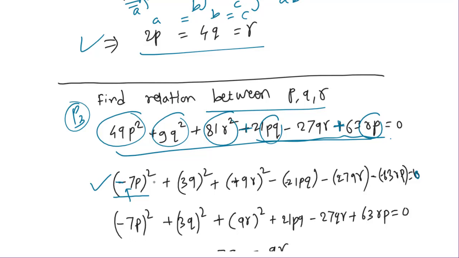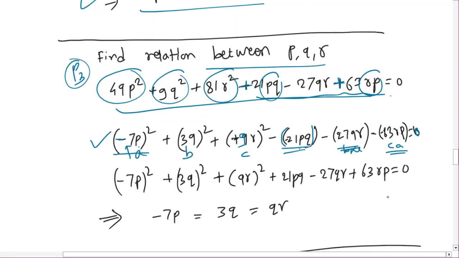So (minus 7p) square plus (3q) square plus, sorry, (9r) square minus, here we have to take minus 21pq, okay, because this is the product of a and b. Here it is a, this is b, so that is the product of that a and b. Here it will be b and c product, and here it will be c and a product.